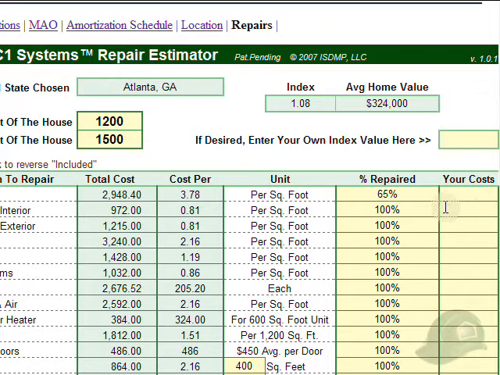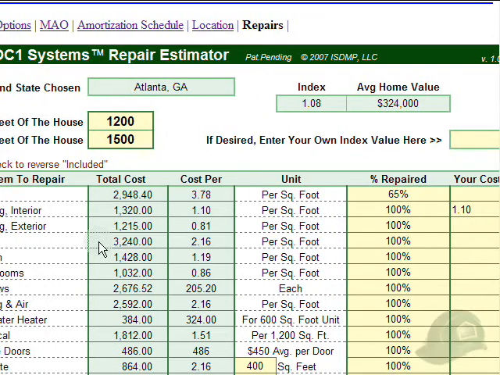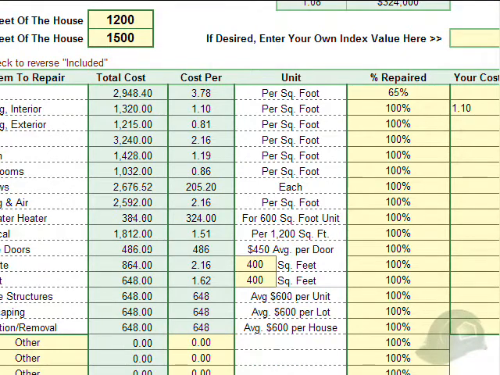For example, instead of 81 cents per square foot, if it cost you $1.10 per square foot for your interior painting, you can enter that number here, and instead of $972 for your interior painting, the price goes to $13.20. And that's available for all of these major items.